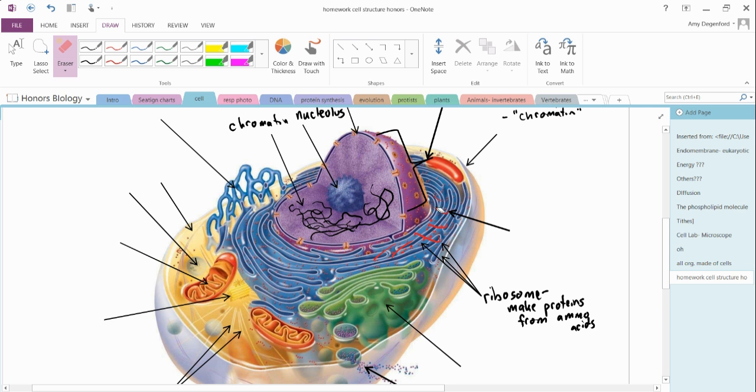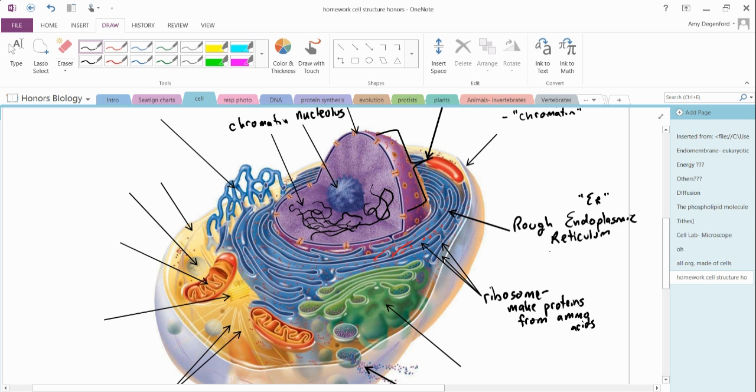So that is what's called the rough endoplasmic reticulum. Now that's a bit of a mouthful, so sometimes we just call this the ER. And if you said that, anybody in biology would know what you're talking about, the rough ER.